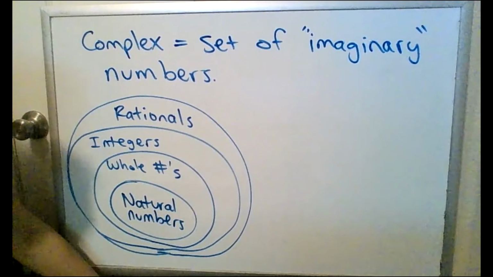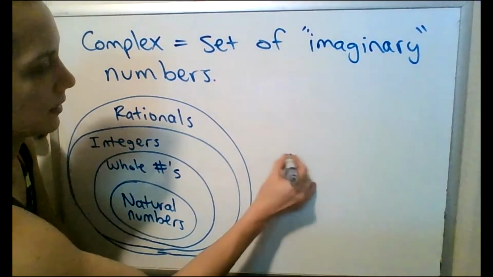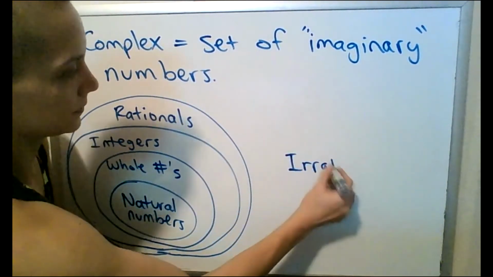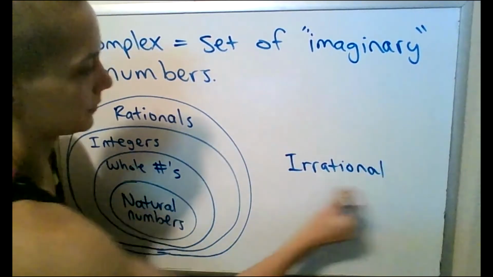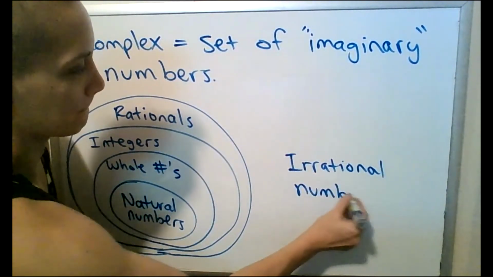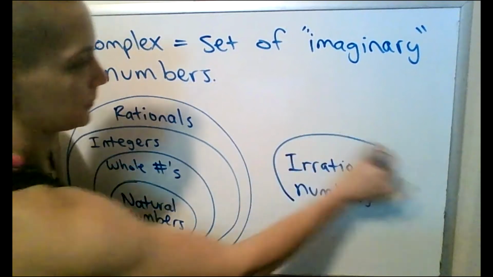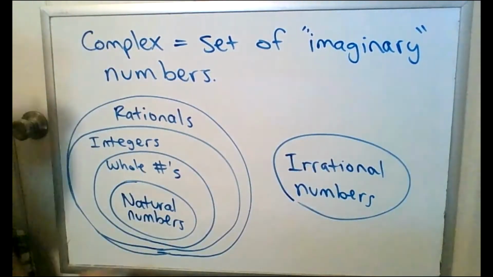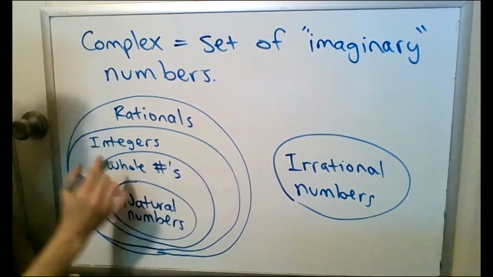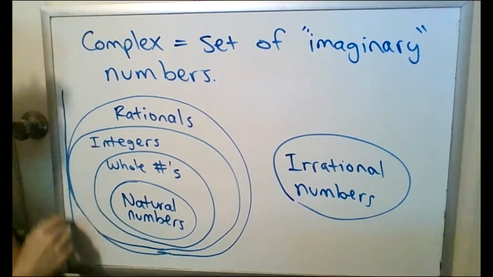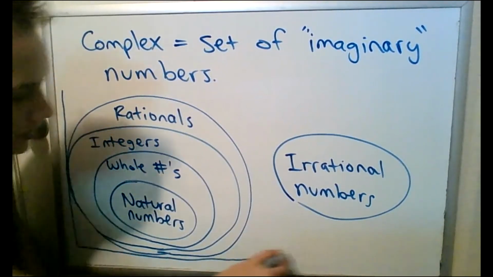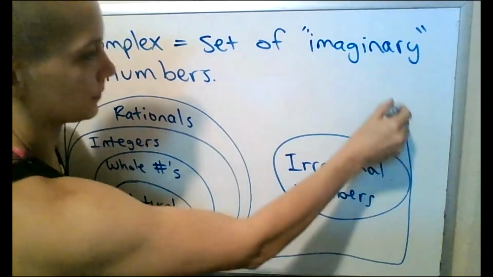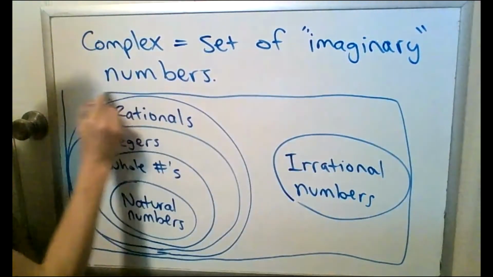Separate from this is the set of irrational numbers. And then when we put this set with that set, that's called the set of real numbers. So this is going to be my full universe, all real numbers.